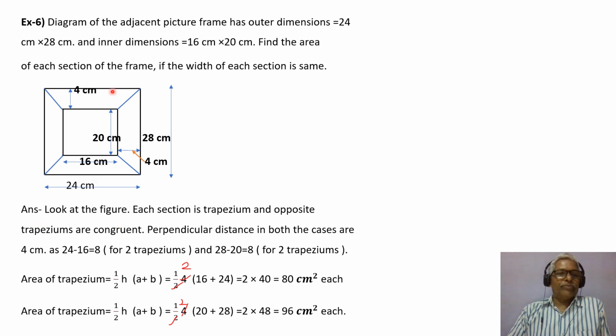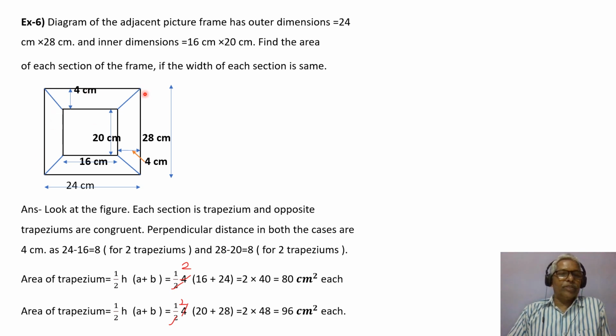Look at the figure. Each section is a trapezium, this is a trapezium, this is another one, and this is another one, and opposite trapeziums are congruent. This is 28 and this is 20, this is 28 and this is 20, and the height is the same. That means the area of this will be the same as the area of this.